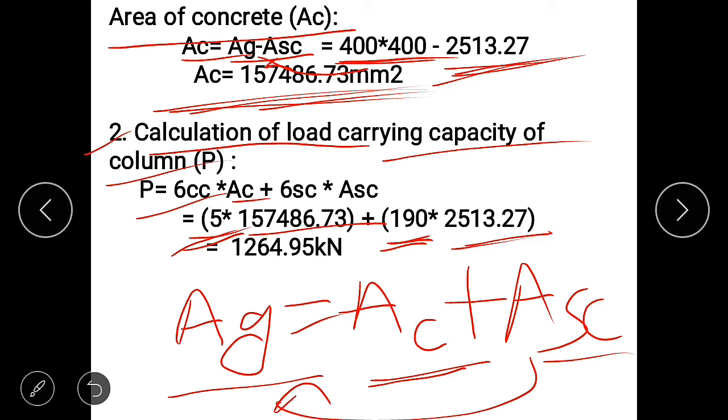So the total P is 1264.95. The load on this column is P equals 1264.95 kilonewton.